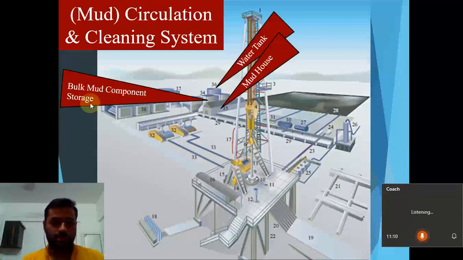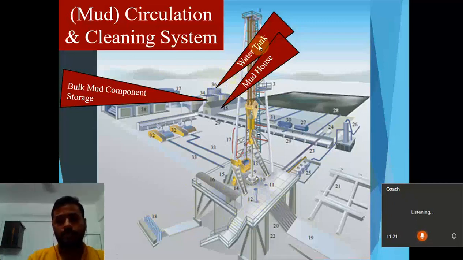Then we have water tanks somewhere. It can be anywhere, not necessarily near the floor, it can be far away. We have a water tank for other uses on the rig. People basically live on the rig in 21-day shifts.